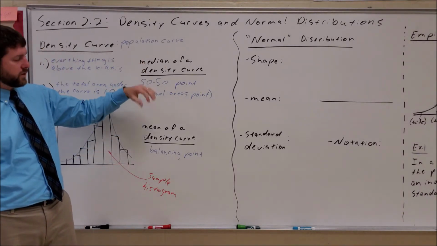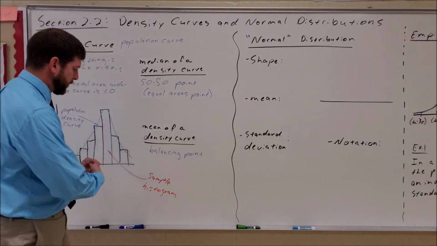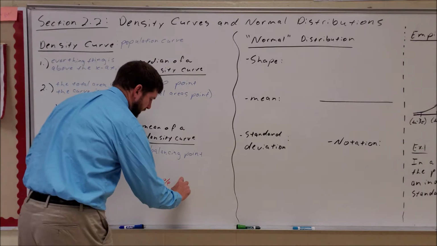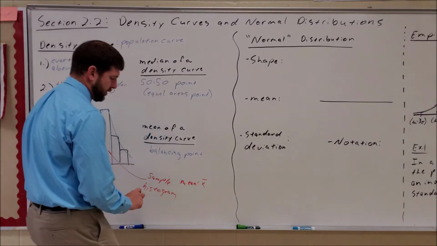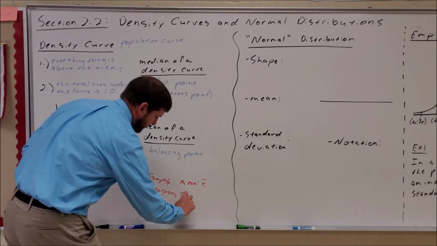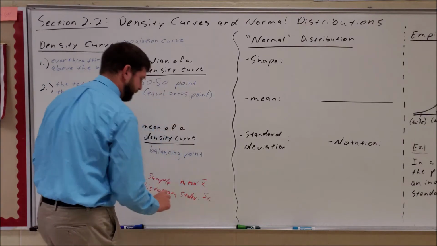So we've talked about some notation for sample distributions. We know that if we're dealing with a sample, then for the mean, we use the symbol x bar, and for the standard deviation, we use the symbol sx.